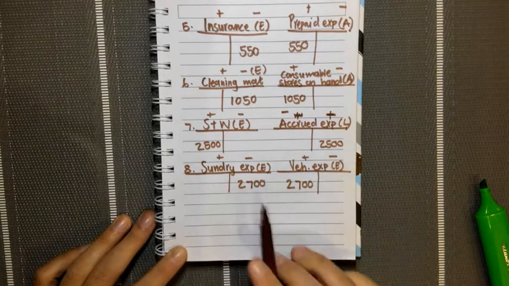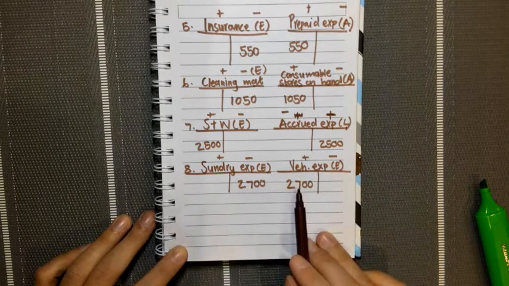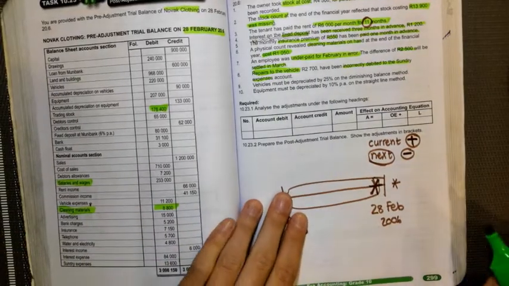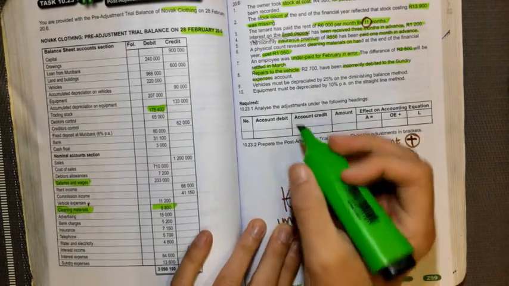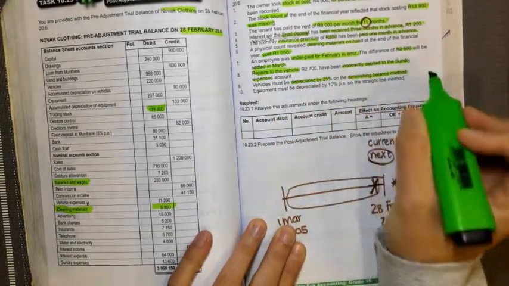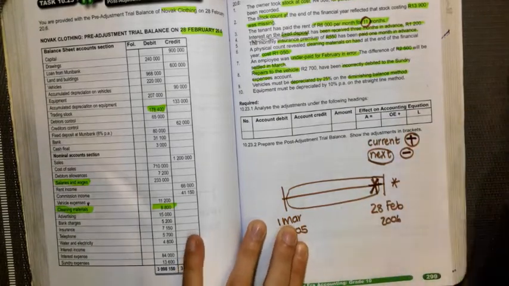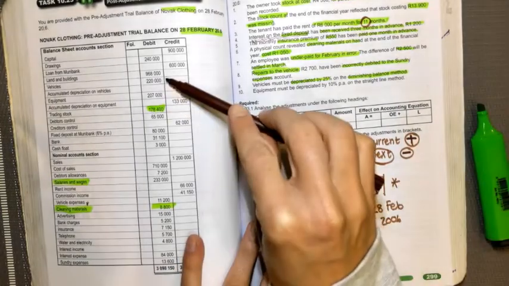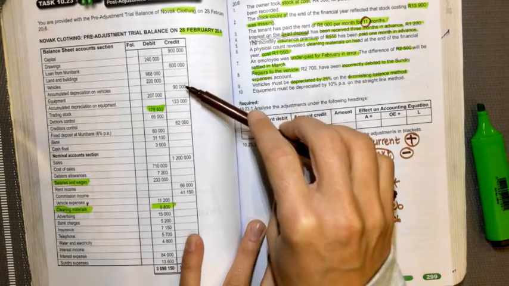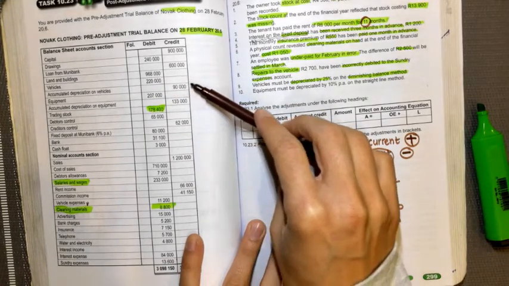Lastly, we've got our two depreciation adjustments. Vehicles must be depreciated by 25% on the diminishing balance method. Please remember this is the method where we use the cost price of vehicles, the 220,000, minus the accumulated depreciation of 90,000. Okay, diminishing balance method, it's a long name, so it's a longer calculation.